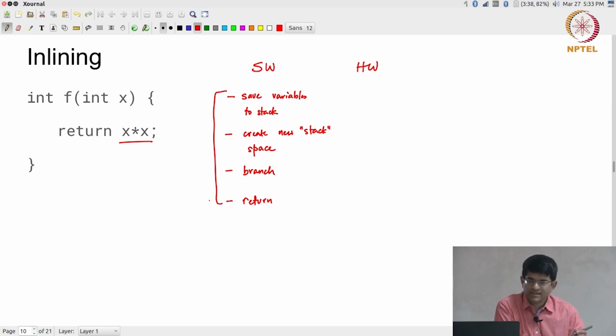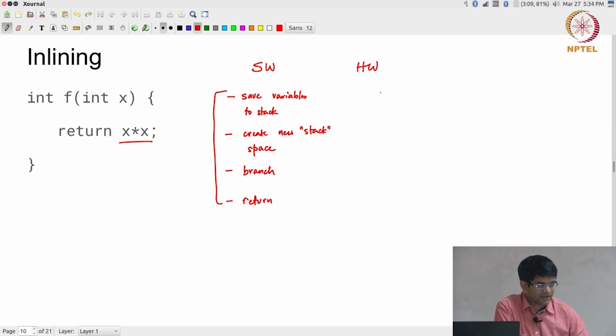What could be done instead is that the compiler basically says, look, the amount of code inside the function is so small that the effort involved in actually calling the function is more than that required for computing it, so I will just skip that and return the value directly. Okay.